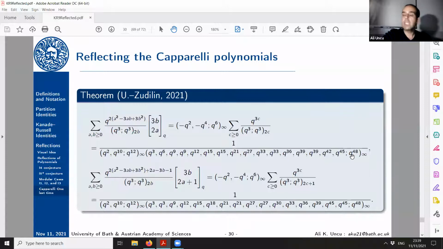And this one we can prove. Once again, even in the reflection, Capparelli's identity is much easier than the Kanade-Russell conjectures, in that we can actually prove that this sum is equal to a huge product of modulo 48.